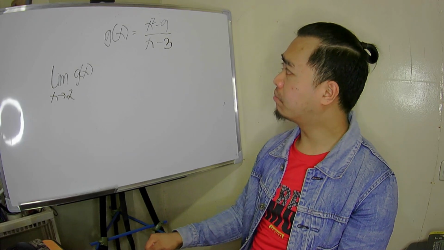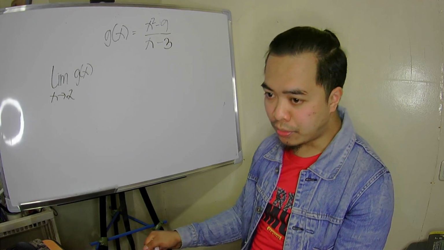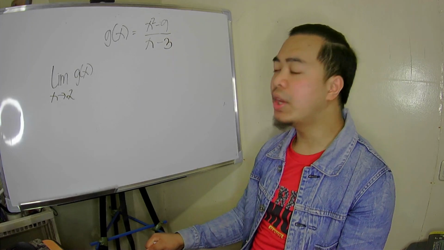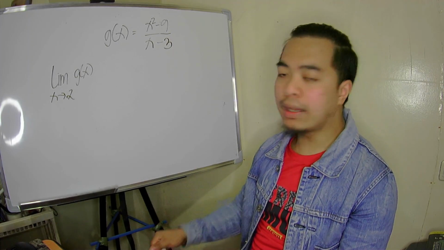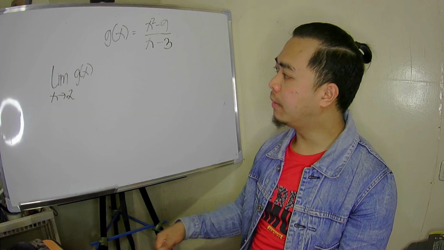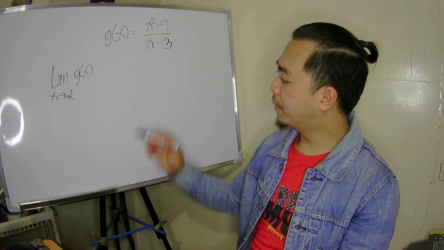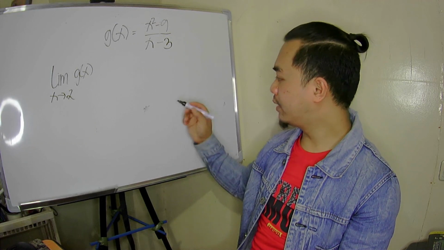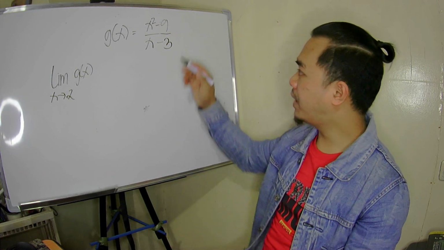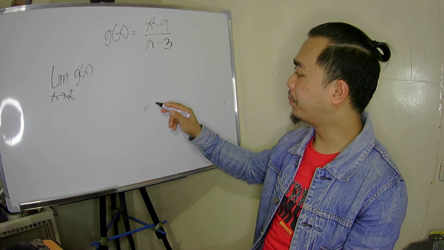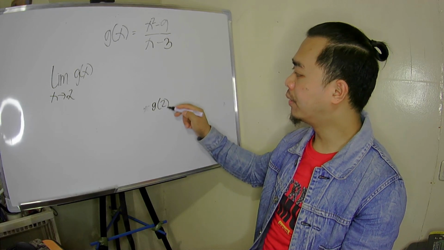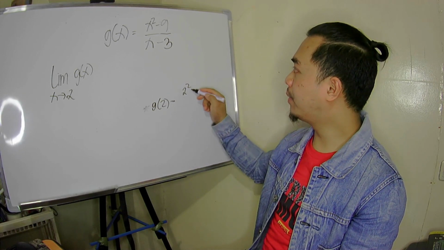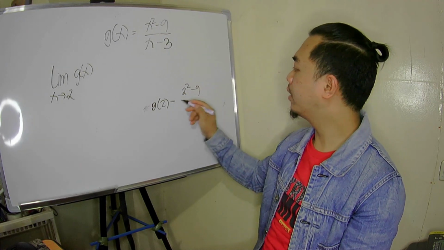So sabi natin kanina, let us try to substitute. The first strategy that we can use when we are evaluating a limit is substitution. So, investigation lang yan. Hindi tayo sigurado, no? Let us just investigate what happens to g of x at x equal to 2. So, g of 2 equal to 2 squared minus 9 over 2 minus 3.